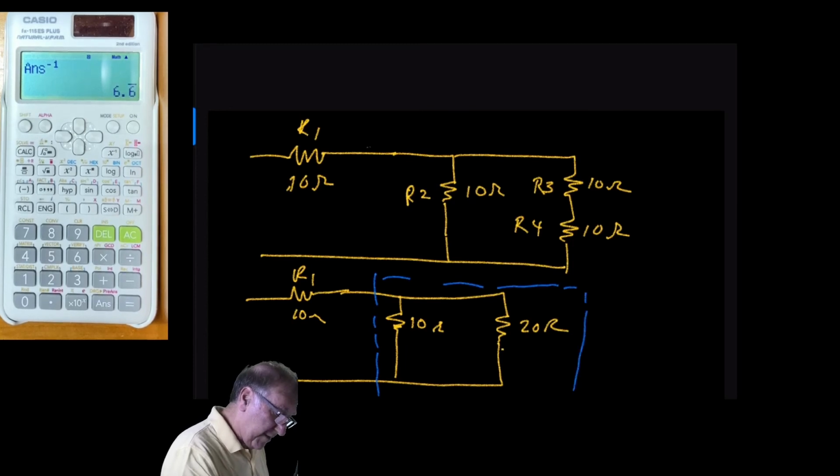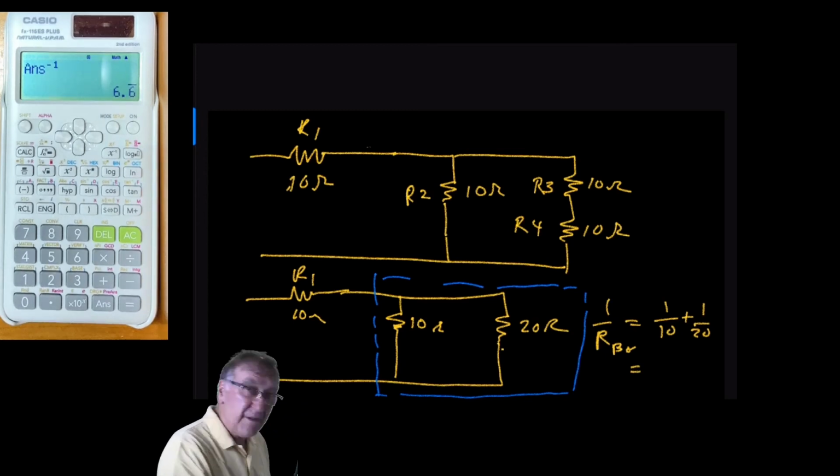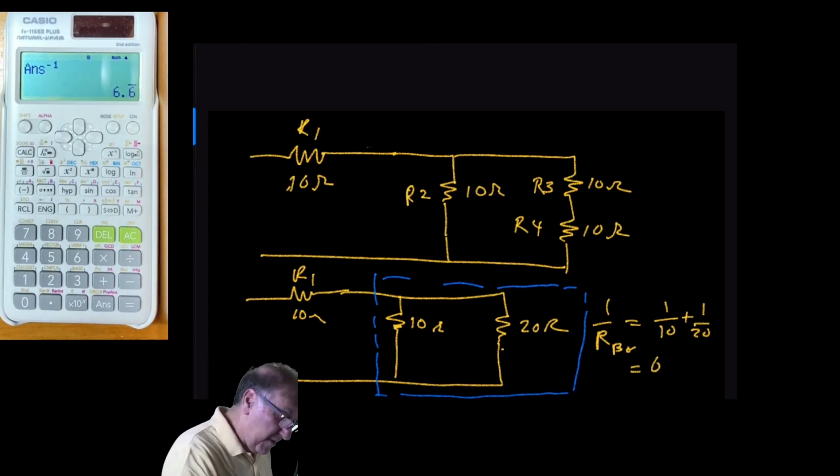Remember our R box. And we can solve for 1 over R box equals 1 over 10 plus 1 over 20. And if we calculate that, which we won't, you can trust me on this one, 6.6 ohms.